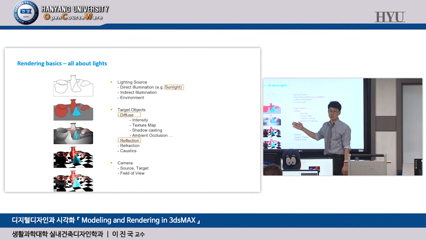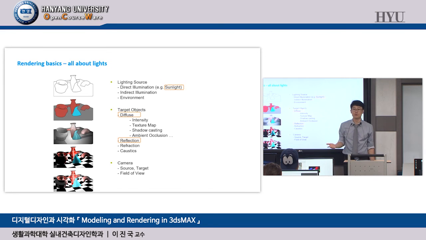How about object? Of course, it's really critical. Your object, what is diffuse? The surface color, surface material, as it is seen by your eyes, okay? Intensity, texture map, shadow casting, ambient occlusion, lots of sub-objects, sub-things you have to know. Reflection, refraction, caustics, lots of things you need to know.